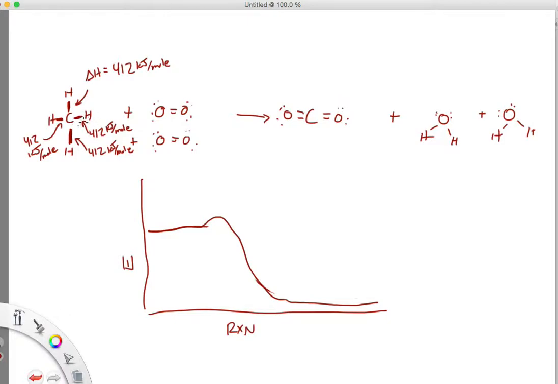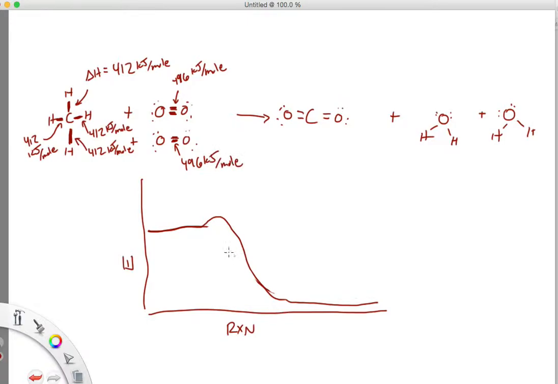And if we look at the sum of all of these bonds, like a double bond is worth more. So for an OO double bond, it's not actually all that much more. To break this double bond, it takes 496 kilojoules per mole. And over here, this double bond requires 496 kilojoules per mole to break.